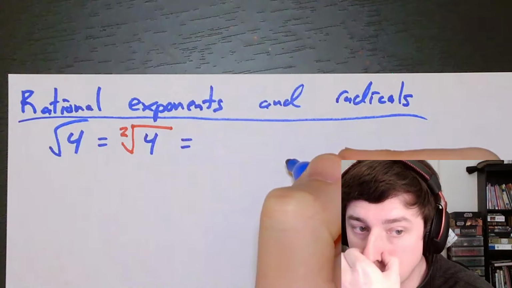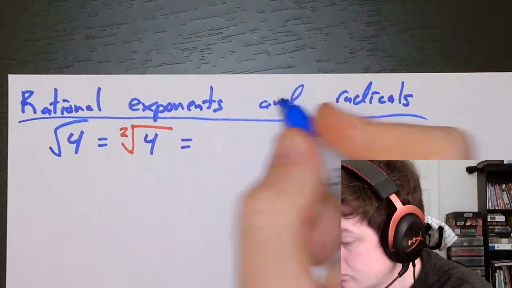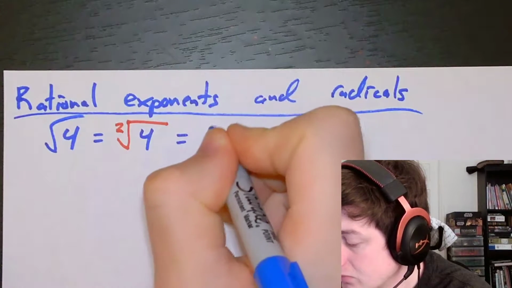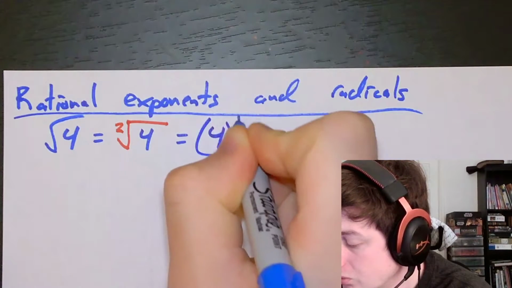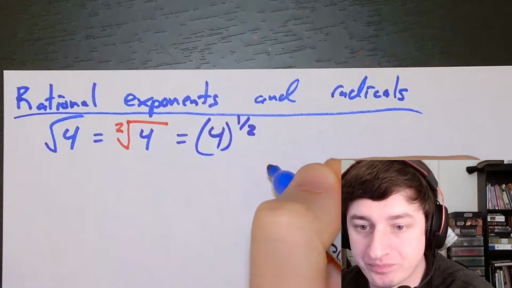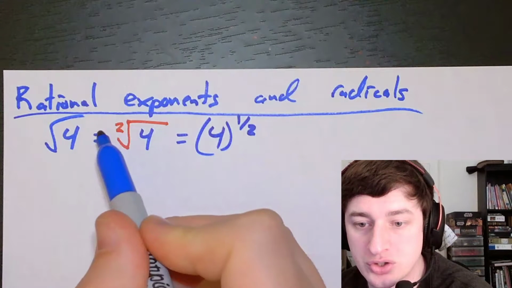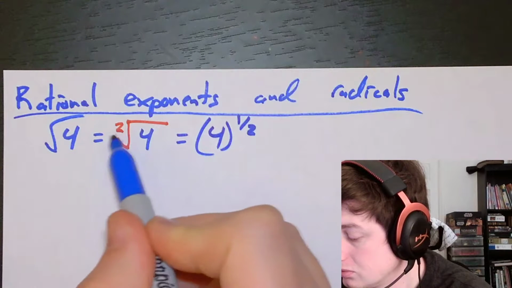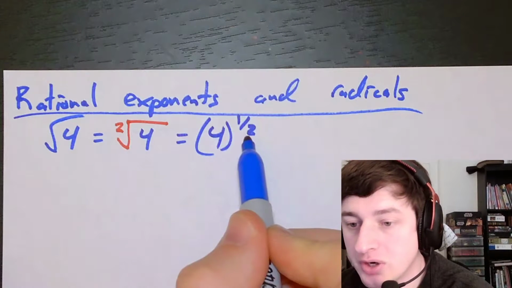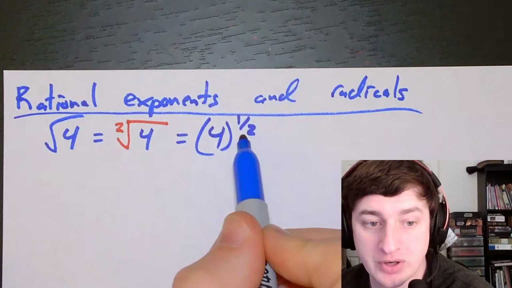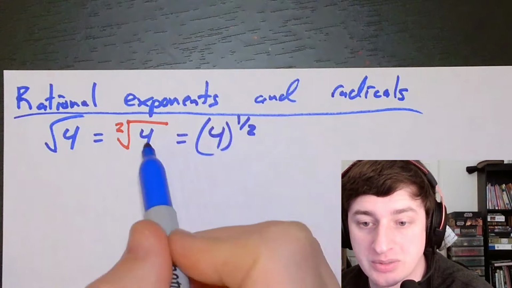But in general, this is the same as 4 to the 1/2. Okay, so what we're doing is we're taking the 2 here from our radical, and it's becoming the denominator of the exponent fraction. So these are the same thing.